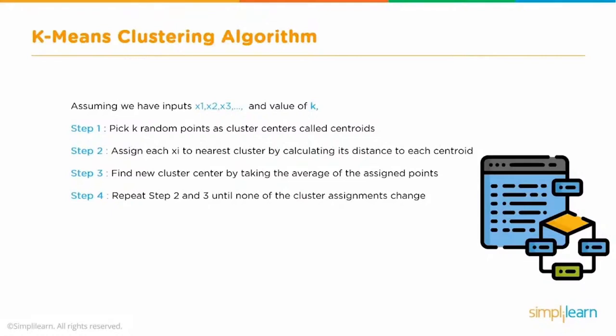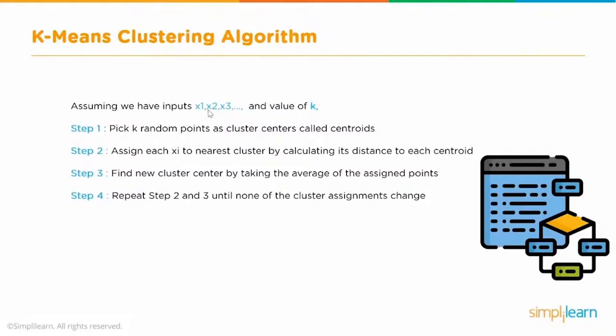And we calculate the distance of each and every input point from each of the centroids. So the distance of x1 from C1, C2, C3, each of the distances we calculate. And then we find out which distance is the lowest and assign x1 to that particular random centroid.